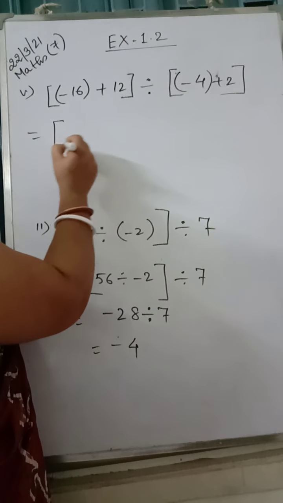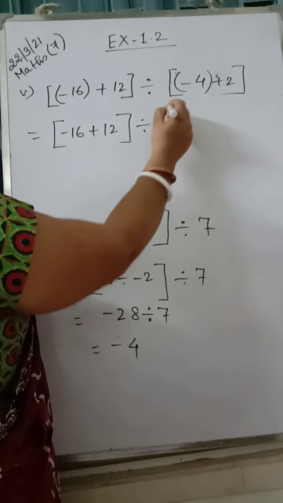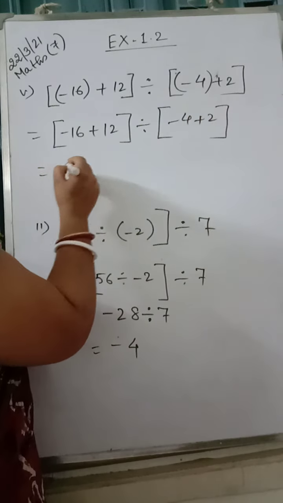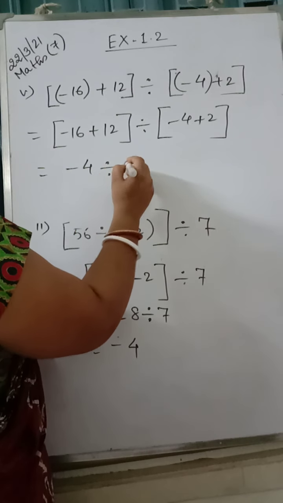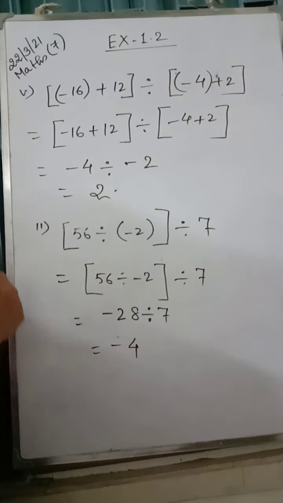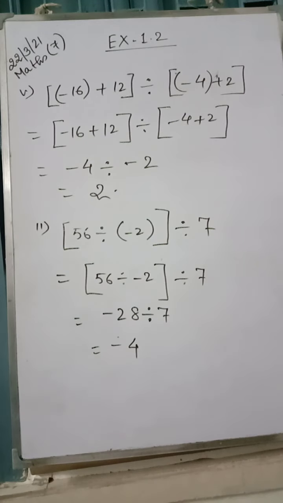It gives you minus 4 divided by minus 2. So the answer is 2. So we have to solve it this way: the bracket works first, then afterward we find the value.